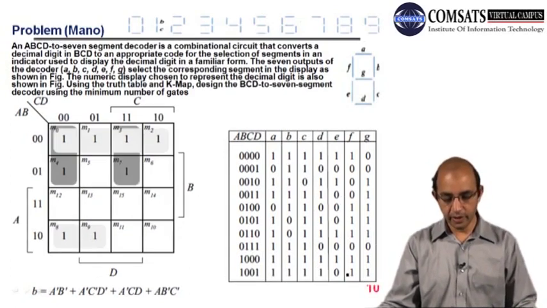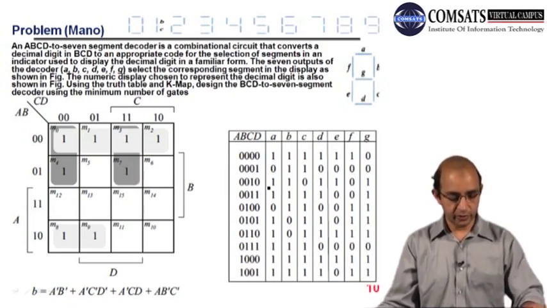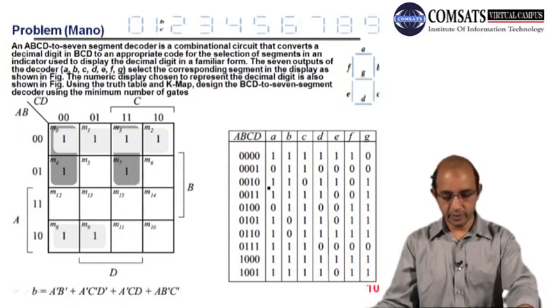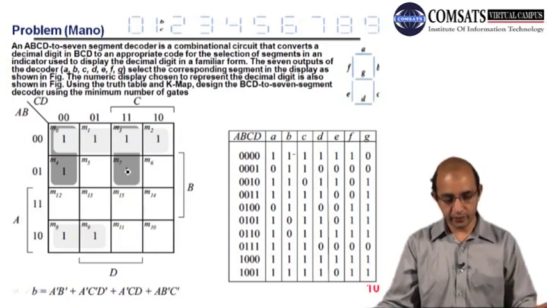And if you look at B, remember that in one of our previous lectures we used don't care conditions in order to have simplification. So here we are not using the don't care conditions. Regarding B, you can see that we have M0, 1, and then this is 2, 3, 4, and then we have 7, and then 8 and 9.